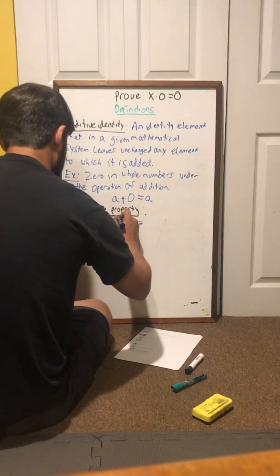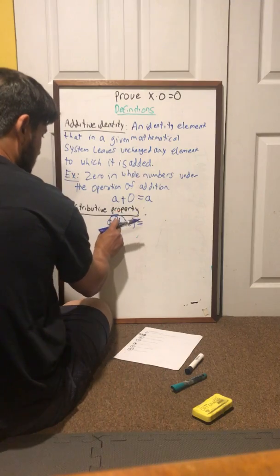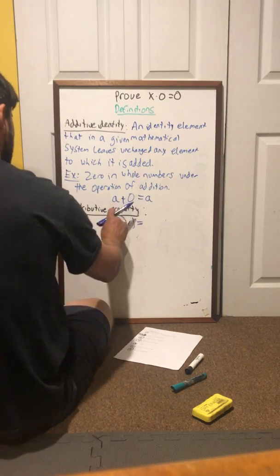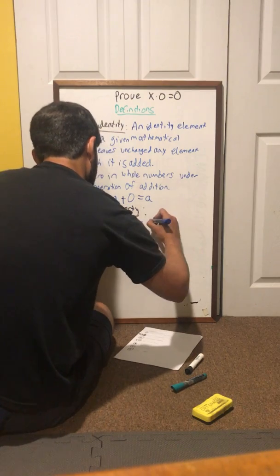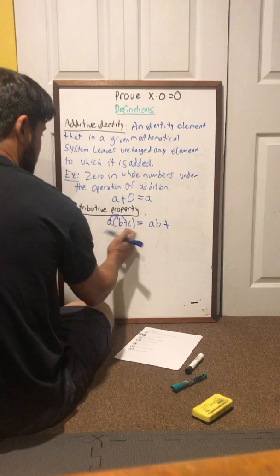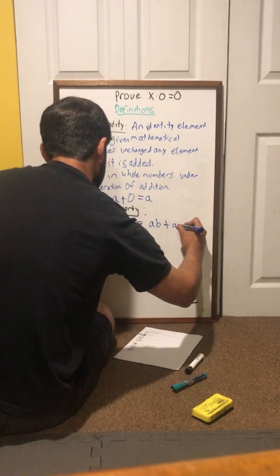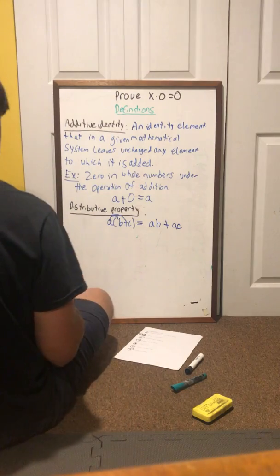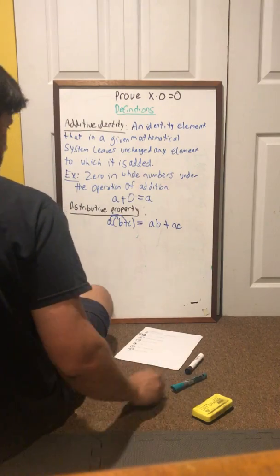So we'll go through a double rainbow here, which is just multiplying a by the first value, multiplying a by the second value. Okay, so when we do this, we're going to get ab plus, so there's a separation of addition here, plus ac. All right, and that's the distributive property that we're going to use as we go through.